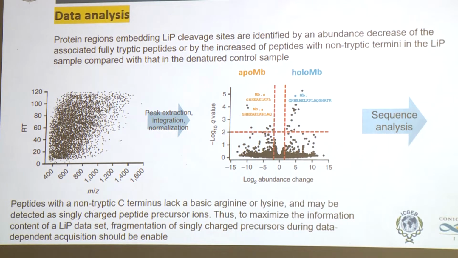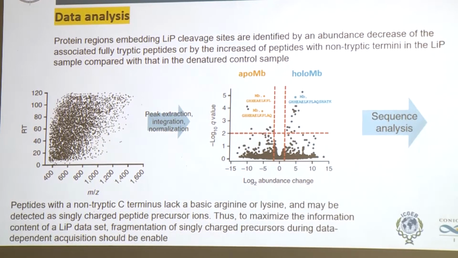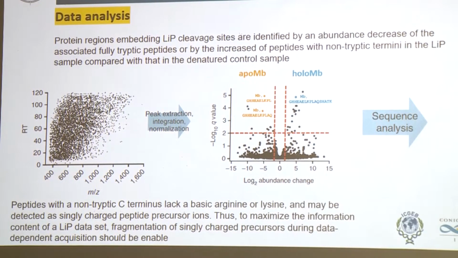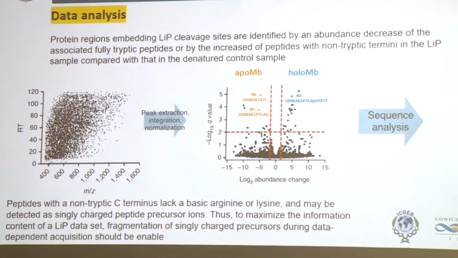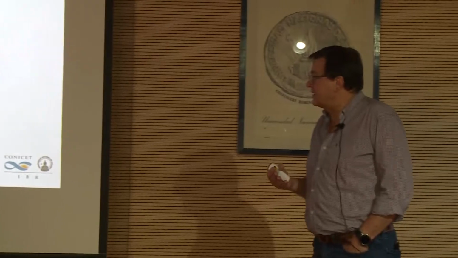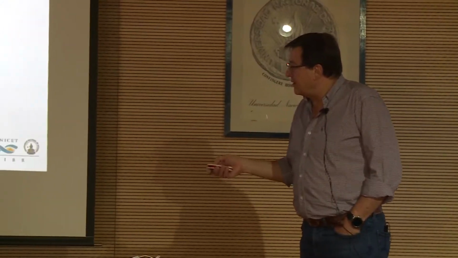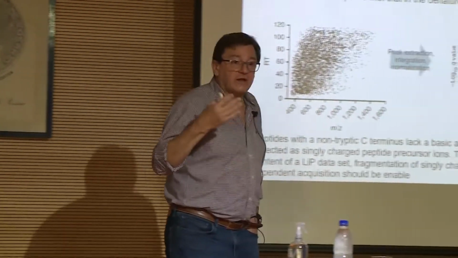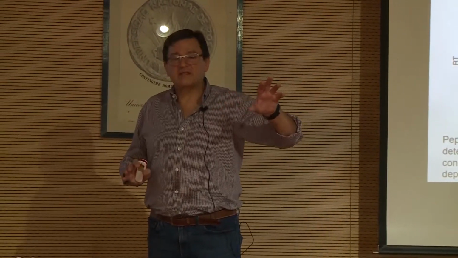So you have to talk with the person that will run the mass spec, if he's not of your group, and tell him that he should identify peptides that may be only singly charged, and the method should allow the fragmentation of singly charged peptides.